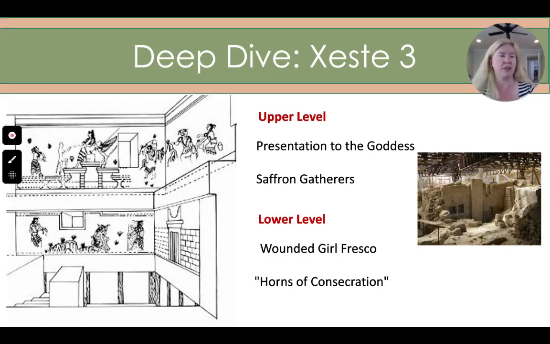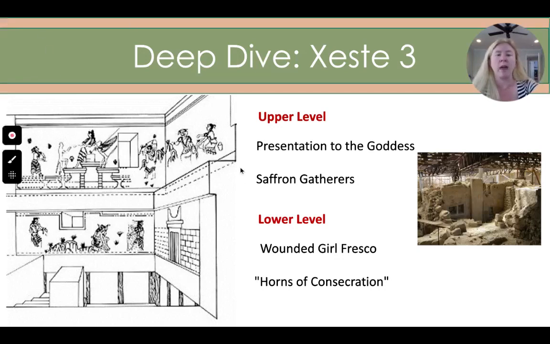This is not a visual analysis. This is an iconographic analysis, right? We're looking for symbols. We're looking for things that we have seen in other places to try and help us interpret the subject of these paintings. It is also a contextual analysis because we are dealing with the use of space, right?